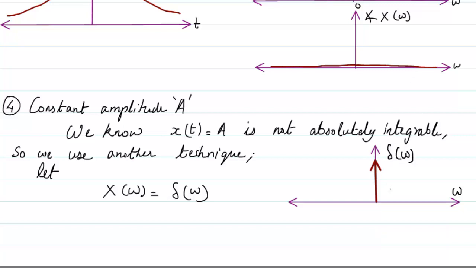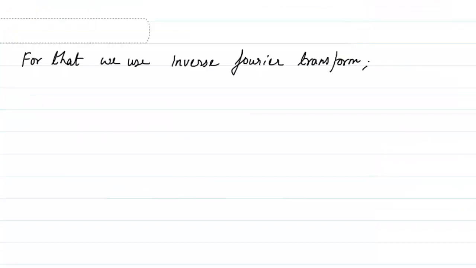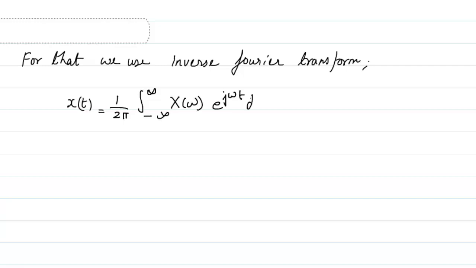Next we are going to find out what is x of t for this X of omega, and for that we use the inverse Fourier transform, which gives x of t if you know X of omega: x of t is equal to 1 by 2 pi integral from minus infinity to plus infinity X of omega e raised to power j omega t d omega.